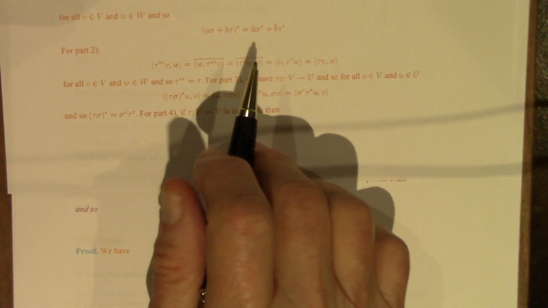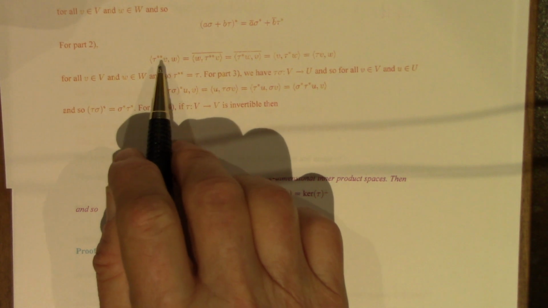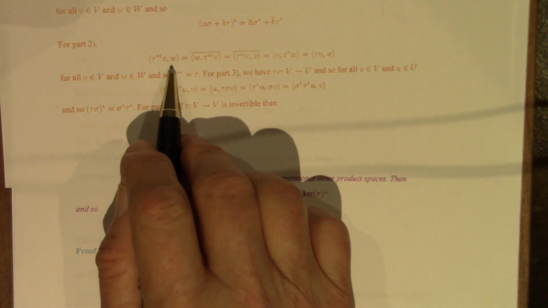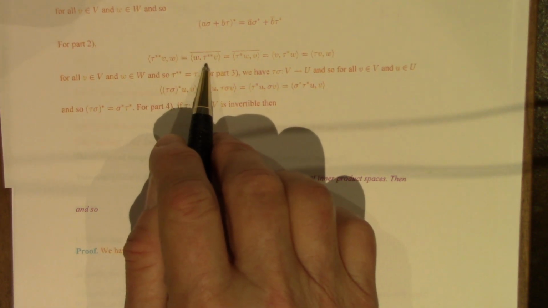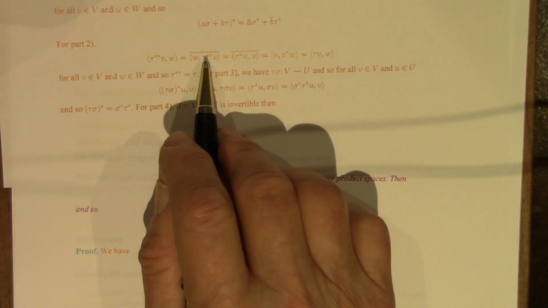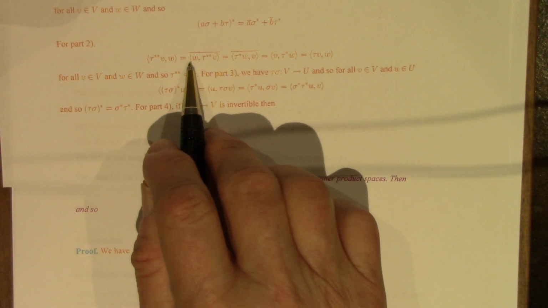For part 2, the involution property: if you start with tau double star V, inner product with W, we can use conjugate symmetry to get this. Then we could move this across the comma.